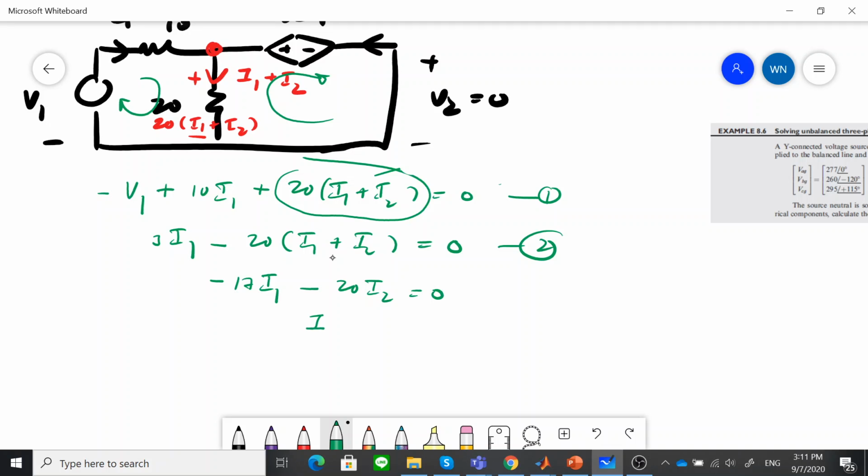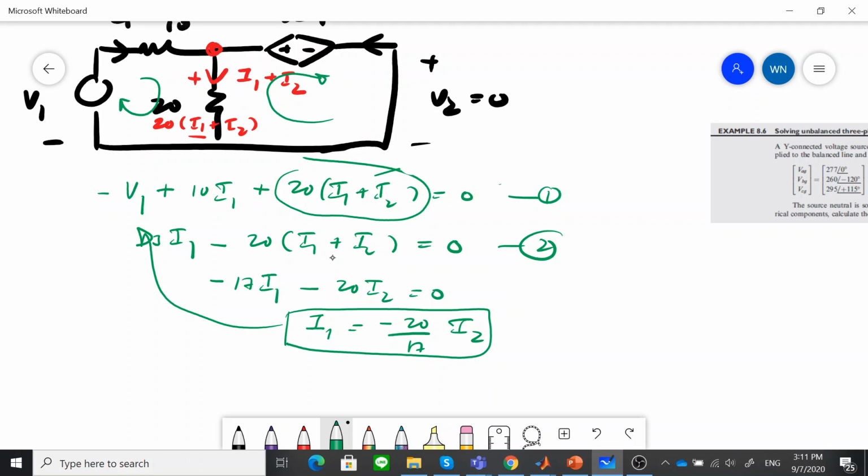So I1 is negative 20 divided by 17 times I2. This is from equation 2, and you have to put this, as equation 3, into equation 1.